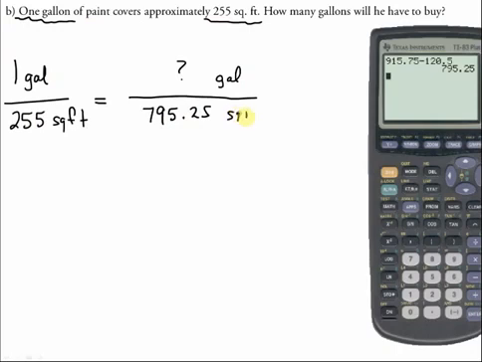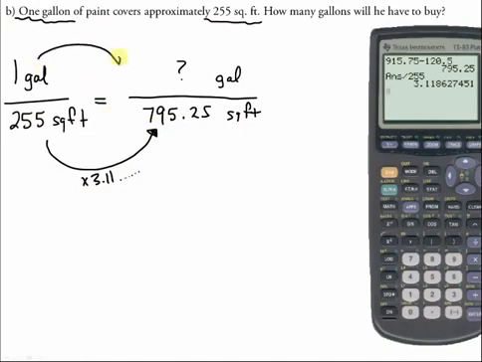We have to use this number here, 795.25 square feet. Remember, we want to figure out how to go from here to here. I don't know in my head how to do that, but I know if I take the bigger number divided by the smaller number, which conveniently is in my calculator, divide by 255, it says that if I times this by 3.11 and all the decimals, I can get my answer correctly.